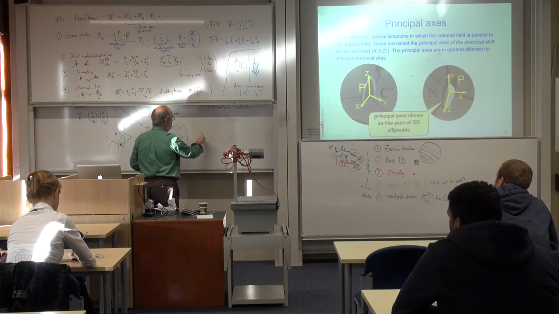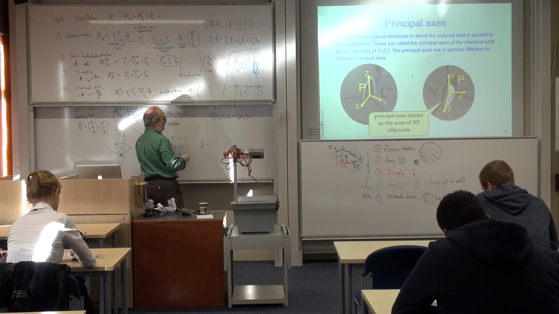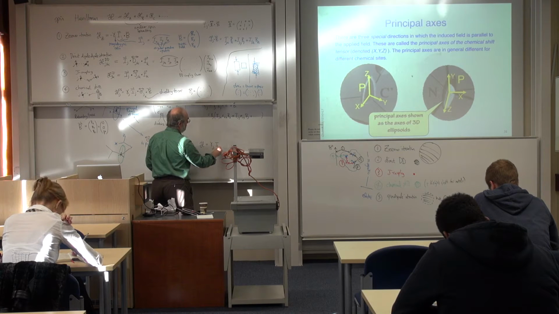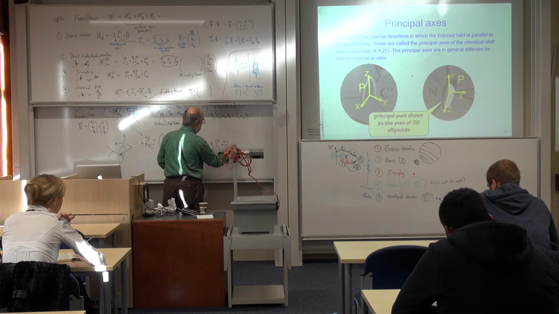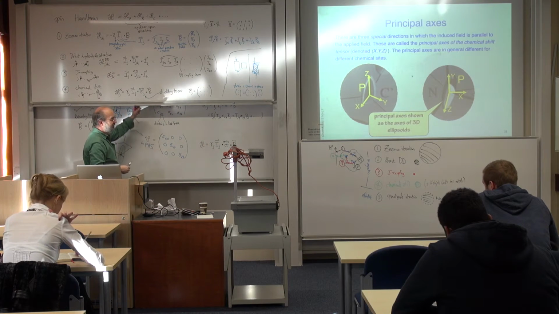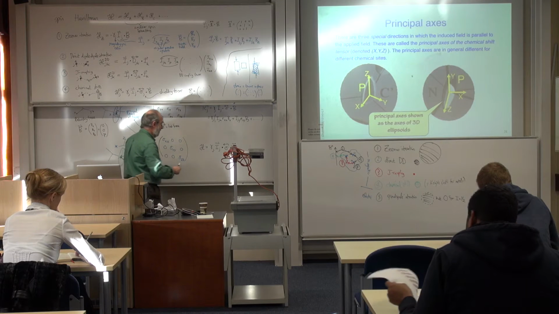So the Hamiltonian looks exactly the same. It's just the way we write down the vector and the tensor is different now because we're using a different axis system.